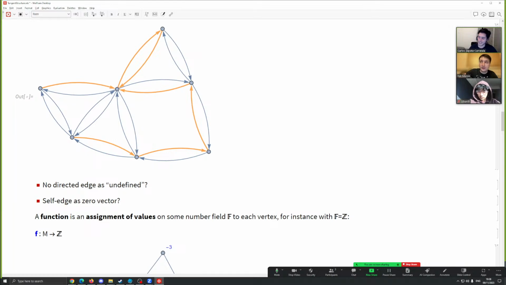So, I was going to say that I wanted to retract my words, but I don't really disagree with myself, in the sense that if you see vector fields as flows, then definitely we need self edges, right? Because it's perfectly fine that a flow just keeps a point invariant. It keeps some point fixed.